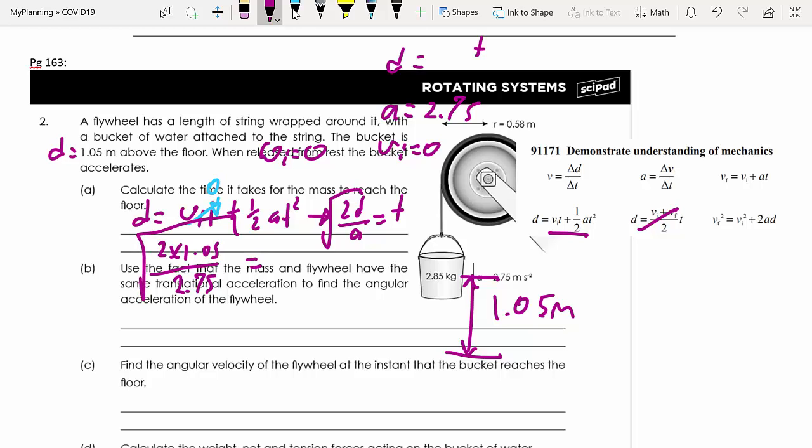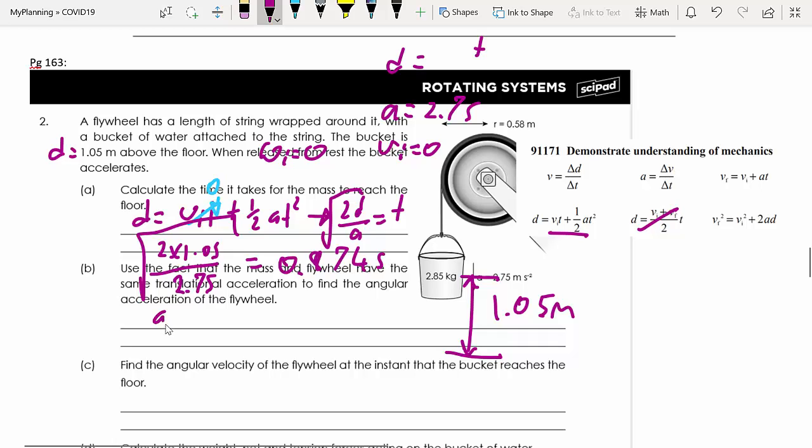You chuck that into your calculator, 2 times 1.05, and you'll need to do this as separate lines or put that top line into the brackets. You should get a time of 0.874 seconds, which is much longer than it would be if you just dropped it. And so that tells you that there is a force in the opposite direction.